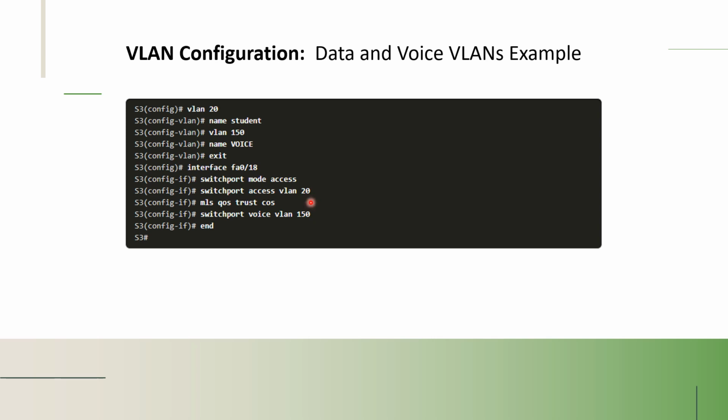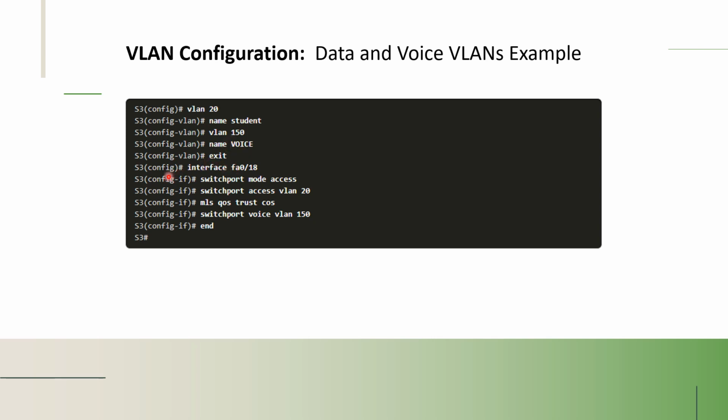So we have to create VLAN 20. We name it students. There is no need to exit from this mode, because if you say vlan 150, you automatically are creating another VLAN, which you can name voice, which means that it is handling the voice traffic.